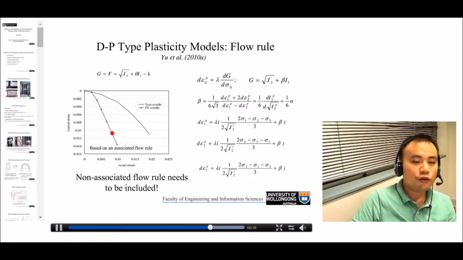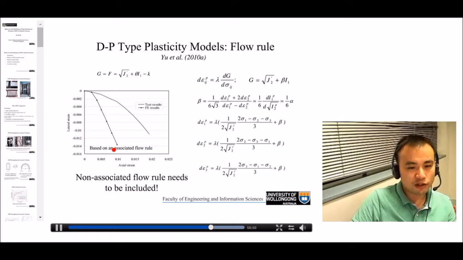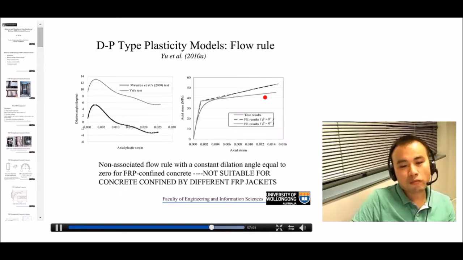So you can imagine if you overestimate the lateral expansion, it consequently overestimates the confining pressure provided by the FRP. So at the end, your actual stressing curve of FRP-confined concrete will be overestimated. So, sorry, associated flow rule does not work, and you need to use non-associated flow rule.